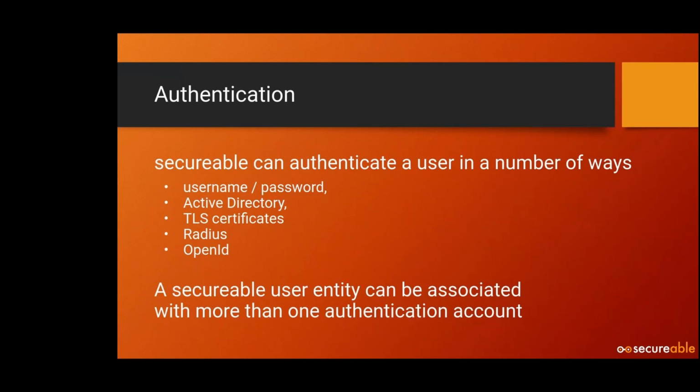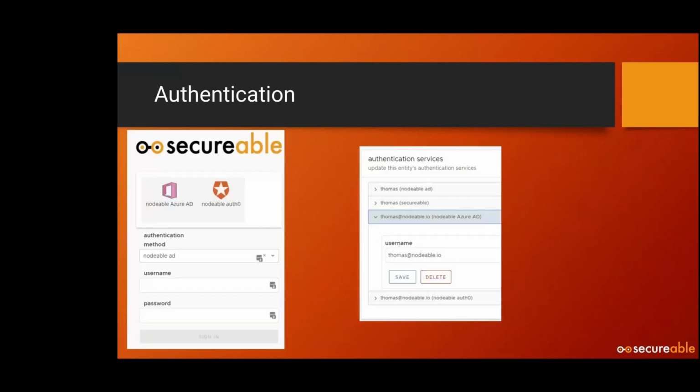So what does that mean? If you have a quick look here, Thomas's entity, or user as we call it, has actually 4 different authentication mechanisms. You can either log in through the Notable Active Directory or through SECURABLE itself, which is a username and password, or going through the Notable Azure Active Directory, which is actually synced to our Active Directory anyway, so it's basically the same thing.